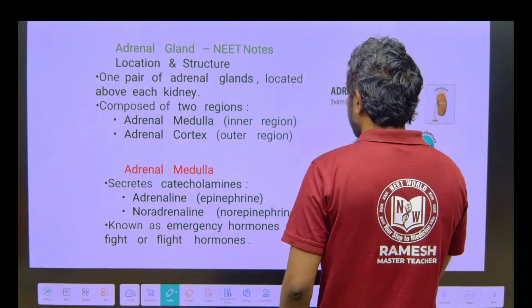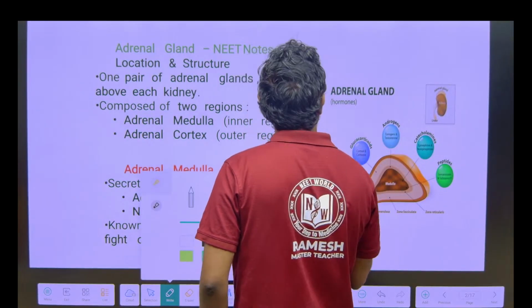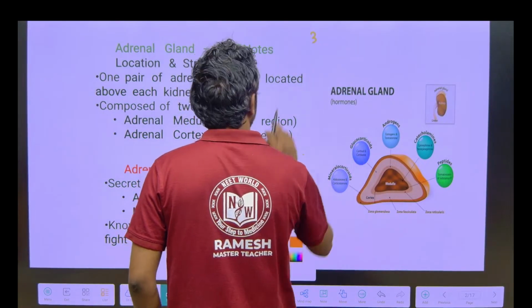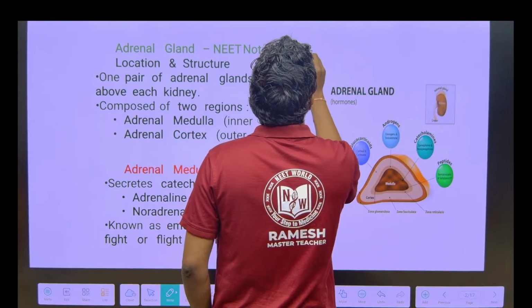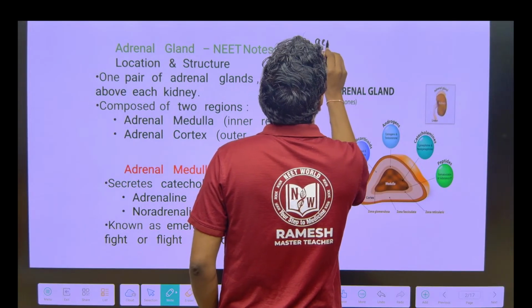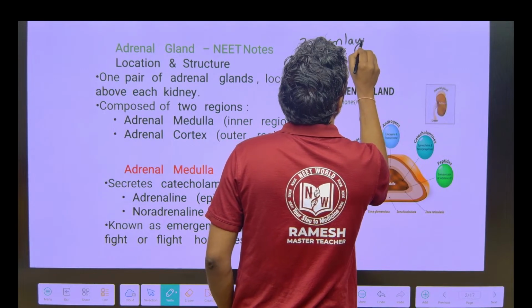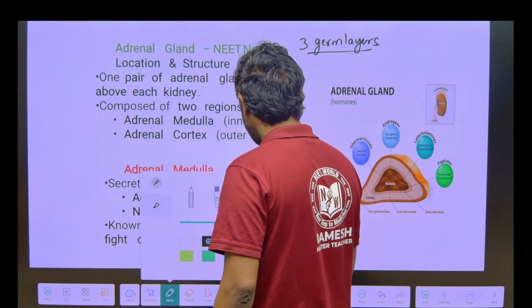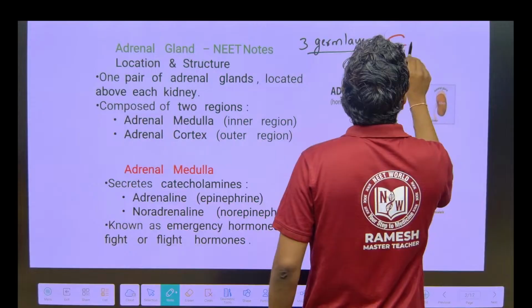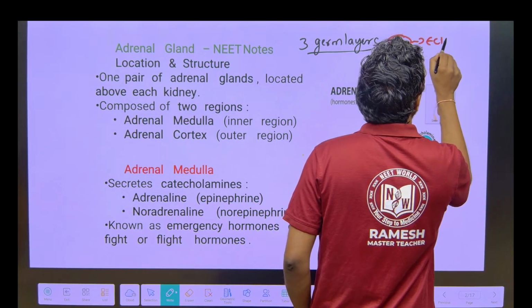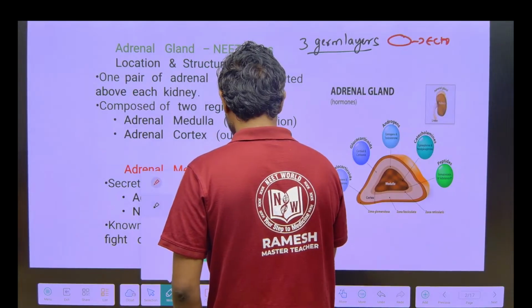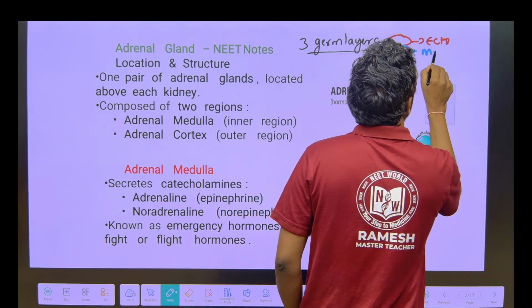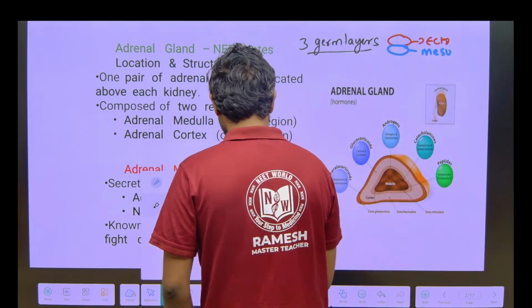There are three germ layers. What are the three germ layers? Ectoderm, mesoderm and endoderm.